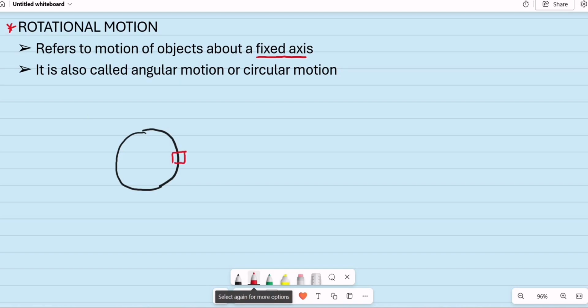So what are the properties of its motion? We are using the symbol omega to represent the angular velocity. Angular velocity will have possible units.